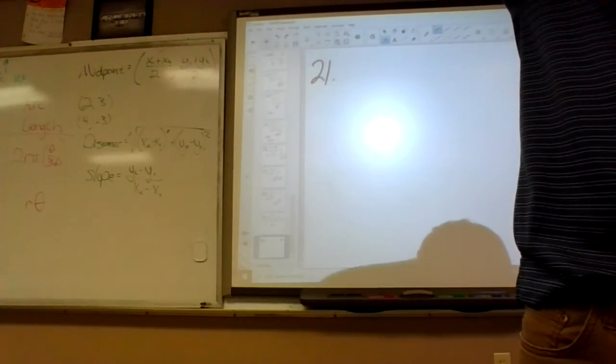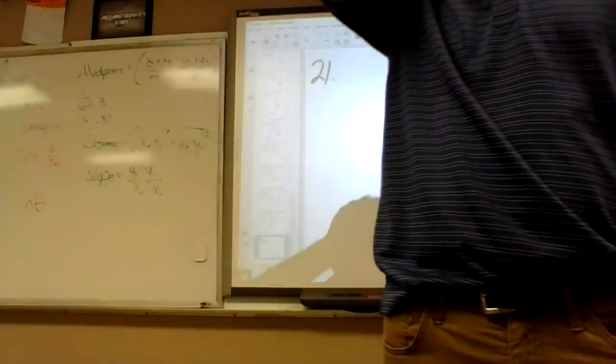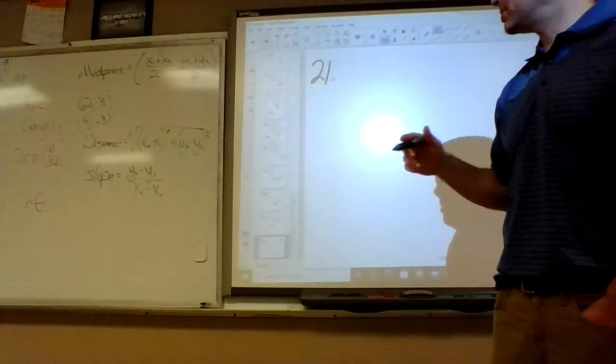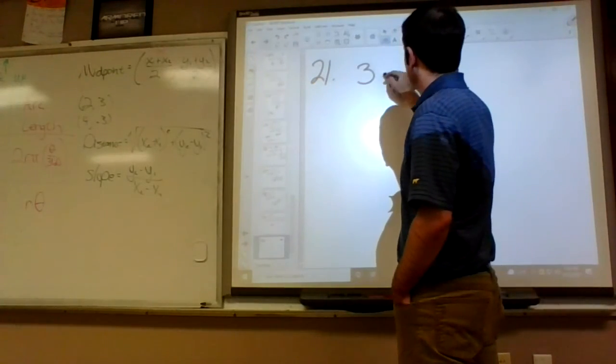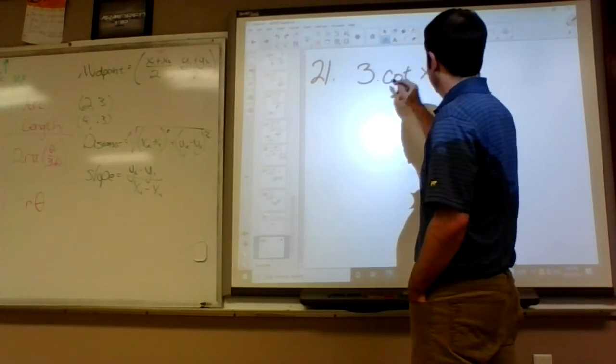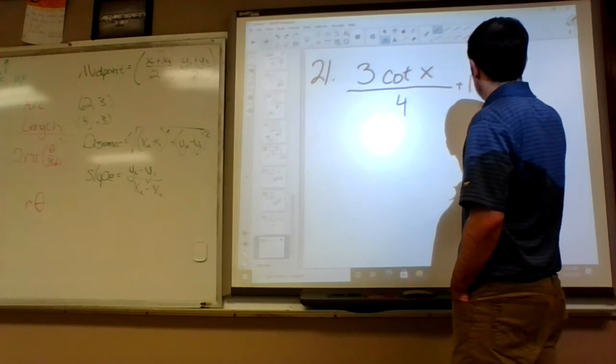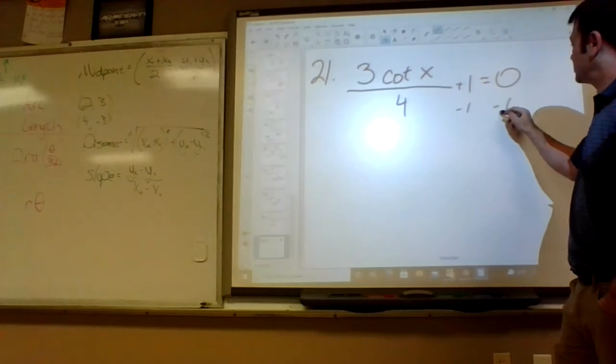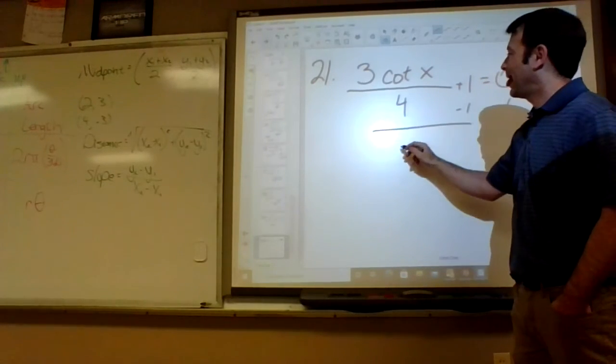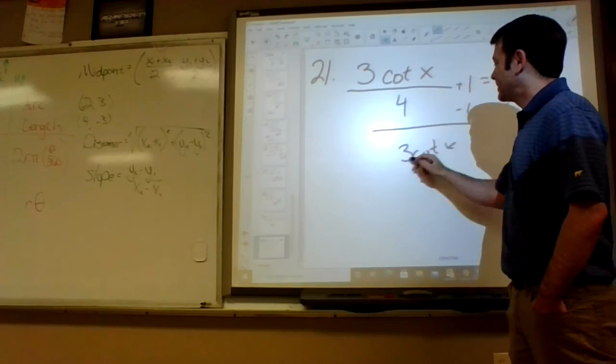Okay, 21. What should we do first on 21? Subtract the 1. Then multiply by 4 and then divide by 3. Josh, you're a genius. And then you make it the negative reciprocal.